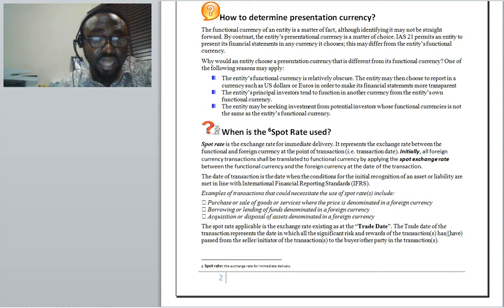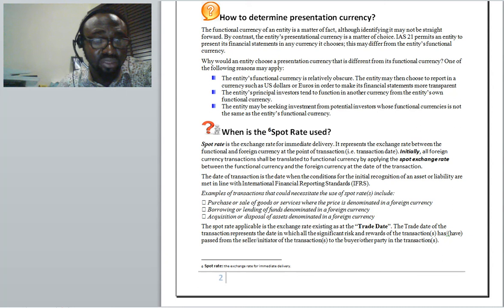It represents the exchange rate between functional and foreign currencies at the point of transaction. As at the transaction date, the rate at which you can source dollars as against naira value is what we consider as the spot rate. That is the ruling rate as at the date of transaction.